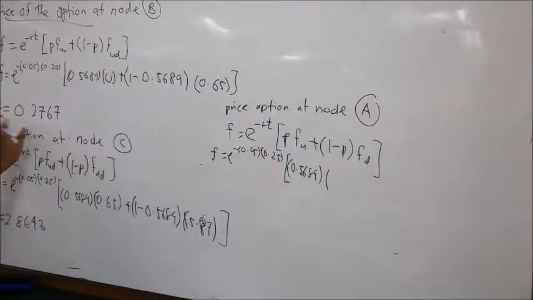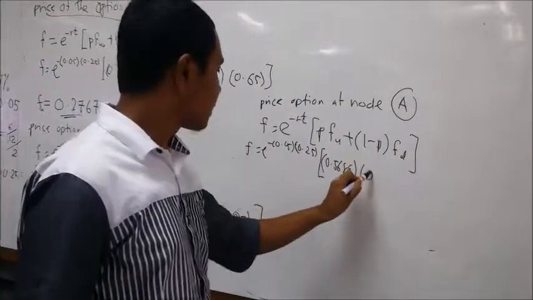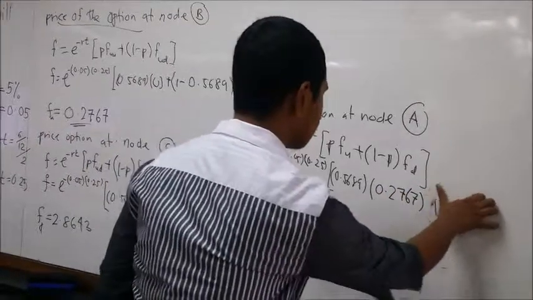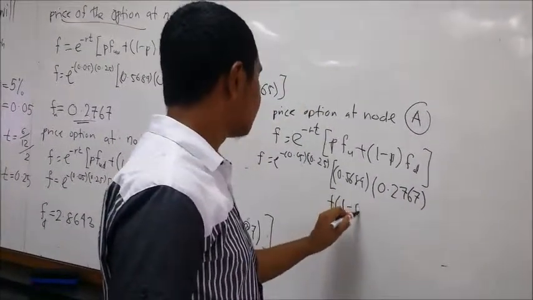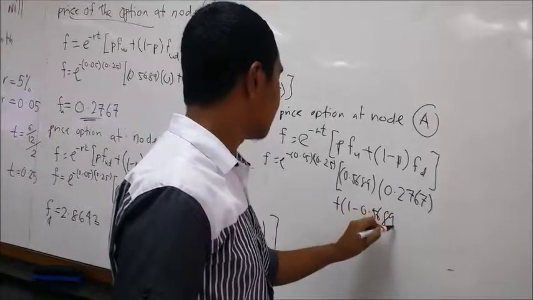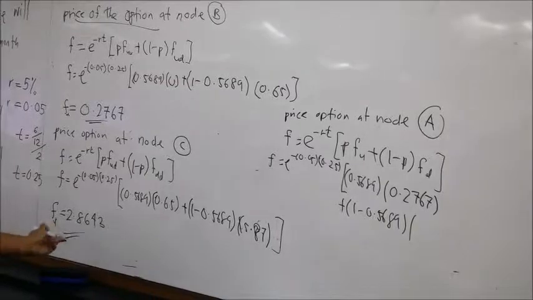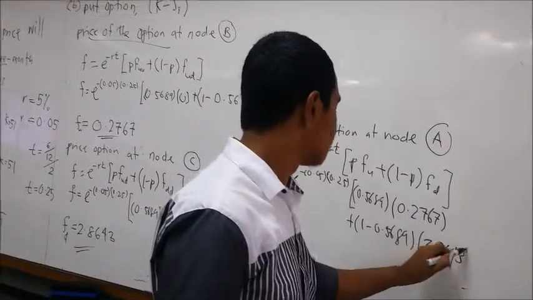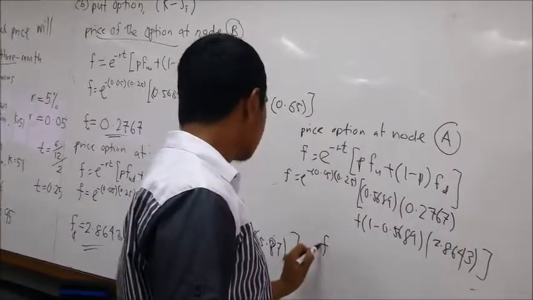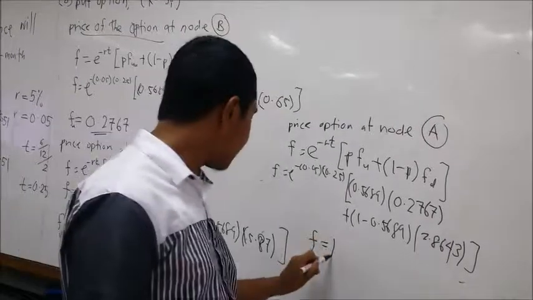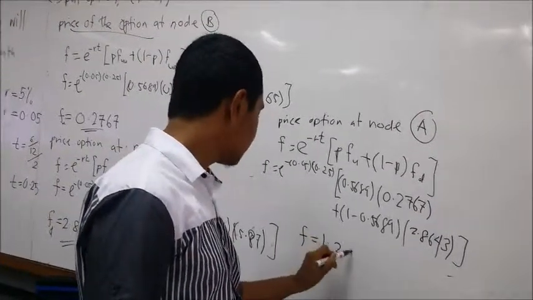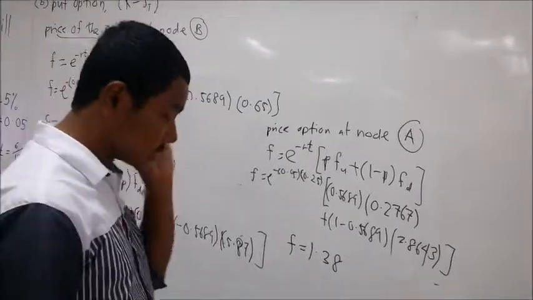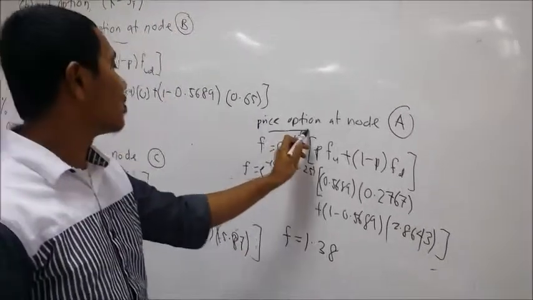Our FU is this 0.2767, plus 1 minus 0.5689, and our FD is 2.86. So punch your calculator and you get 1.38, which is the same as the direct way to find the option price.